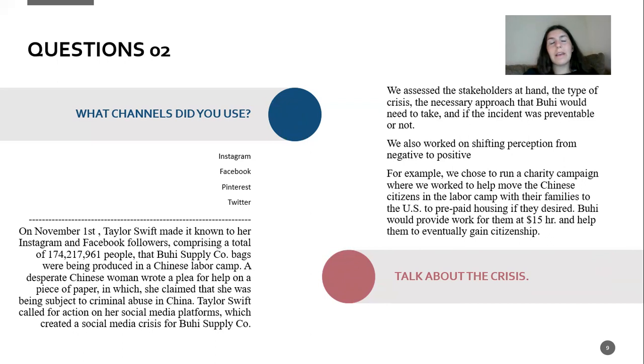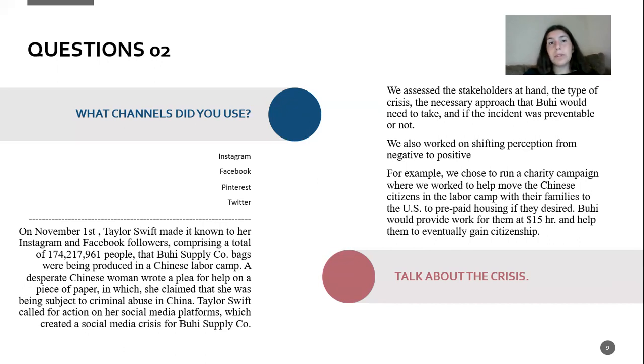They were starving. It was not appropriate, and totally illegal, and not something that Bowie Bag Co. wants to be represented as their company. So obviously, the first action was to withdraw relations, because Taylor Swift posted about it on Facebook and Instagram, which is 174 million people, which is pretty significant.